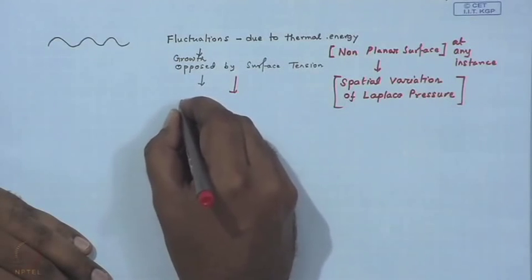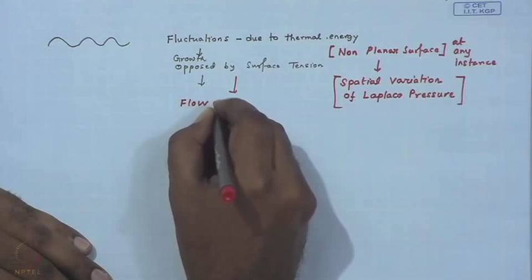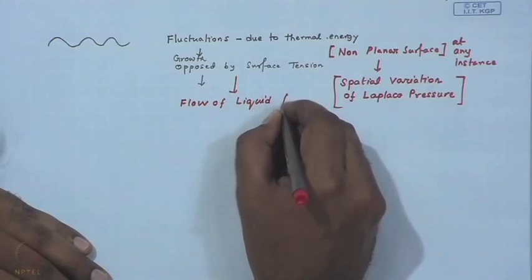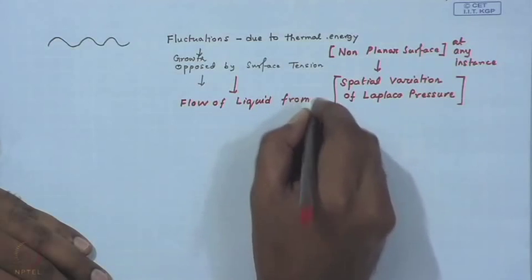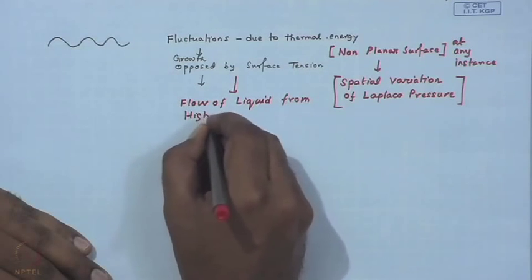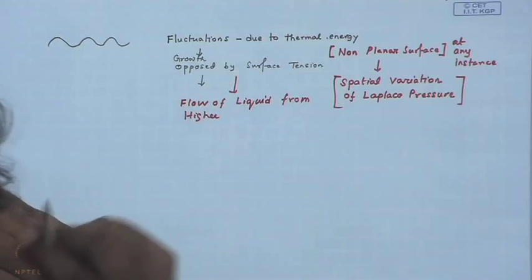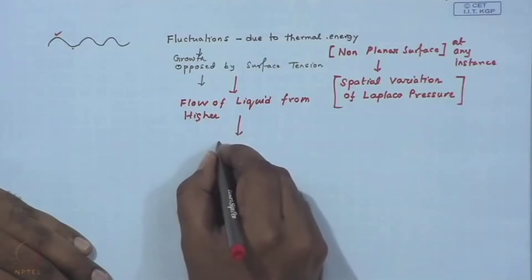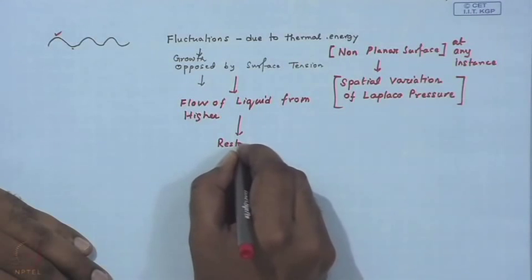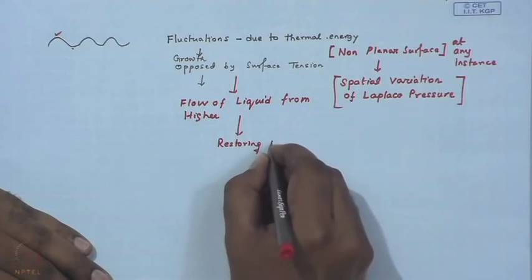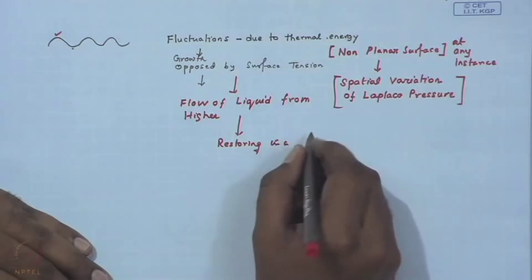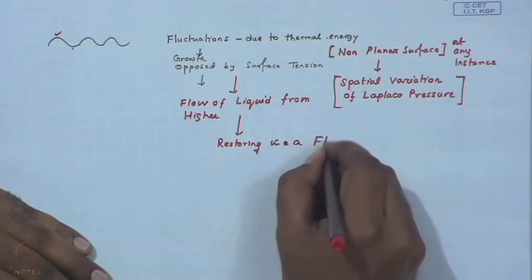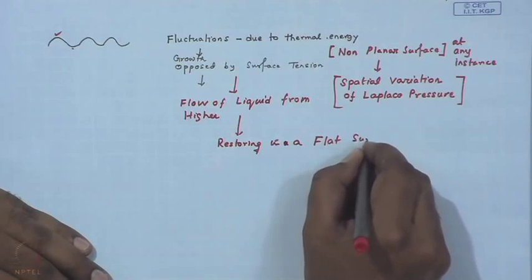So, this triggers flow of liquid from higher pressure zones to these areas, resulting in restoring a flat surface.